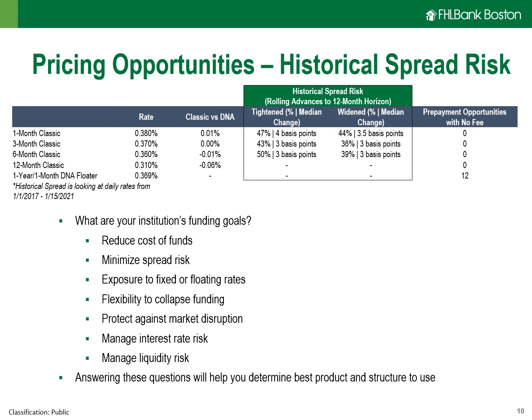If the DNA is more expensive than the comparative classic advance that you're looking at, then you have to decide what's the value of having the DNA, and is it worth it? Do you need the ability to prepay? Do you need longer term liquidity, or do you need to manage stable spreads? These are all things to consider when you look at this product.